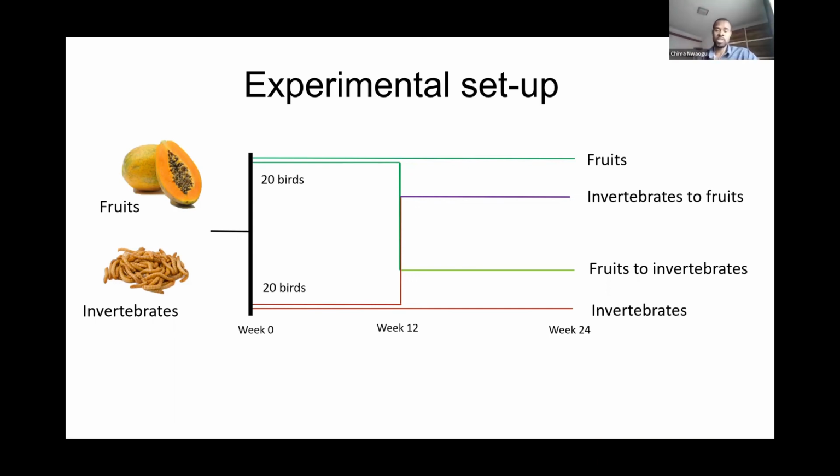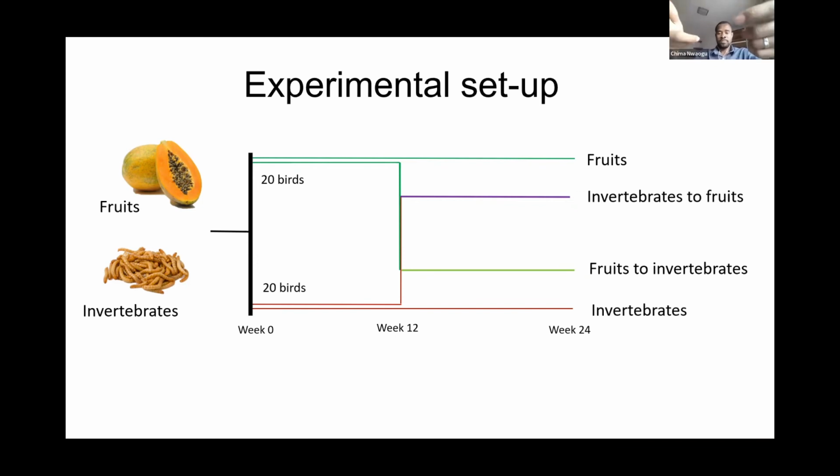Throughout these 24 weeks that this experiment took place, every 2 weeks, we caught all the birds, collected blood samples, took their body mass, and then checked whether they were molting or not.